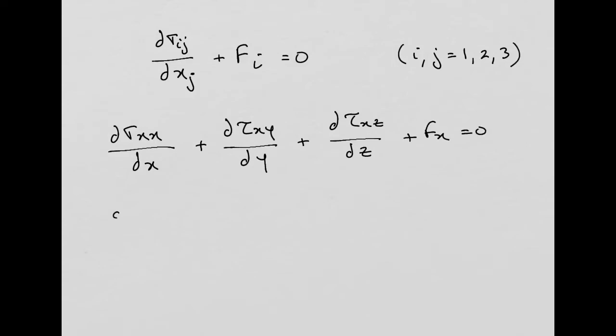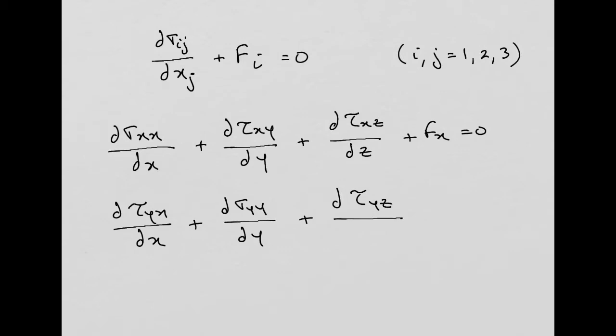The second equilibrium equation is the derivative of tau yx in order to x, plus the derivative of sigma yy in order to y, plus the derivative of tau yz over to z, plus fy equal to 0.